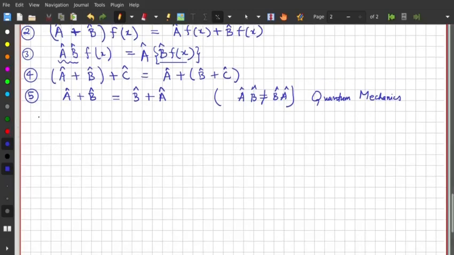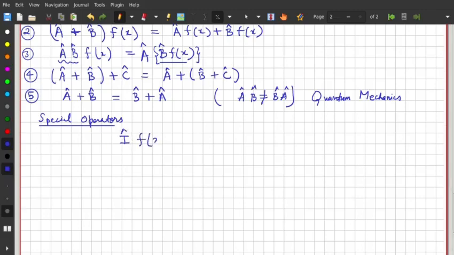And then we have some special operators that we can draw parallels with from linear algebra, which we call, let's say, the identity operator I hat. We can think about this as a parallel with the identity matrix. It acts on a function f of x and returns the original function back, f of x.